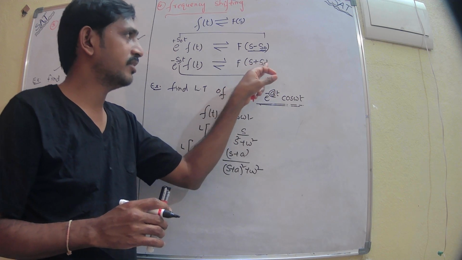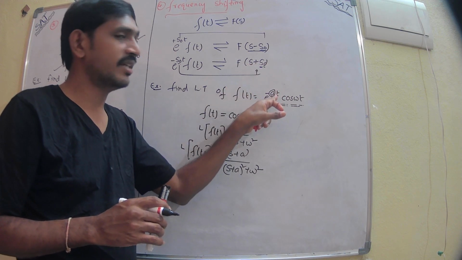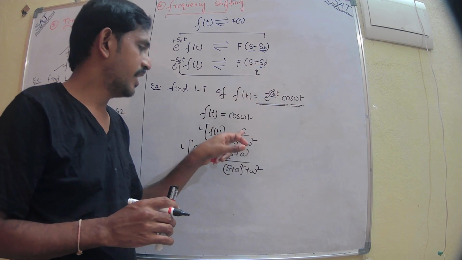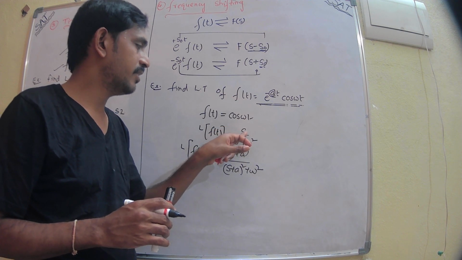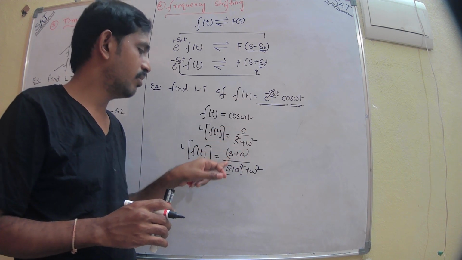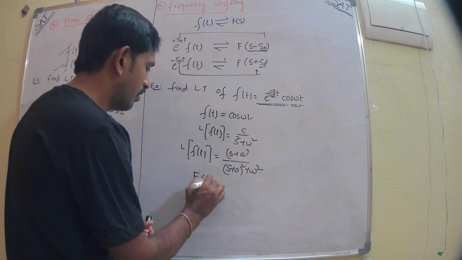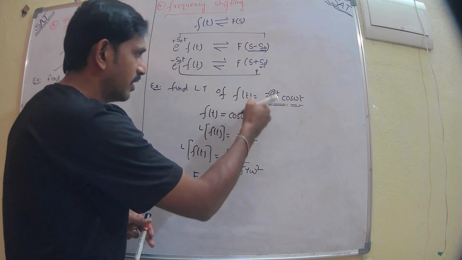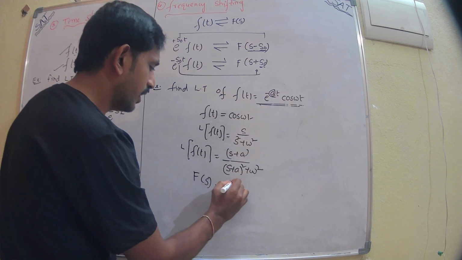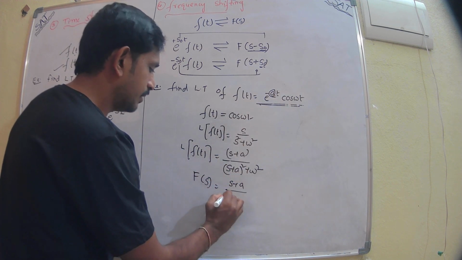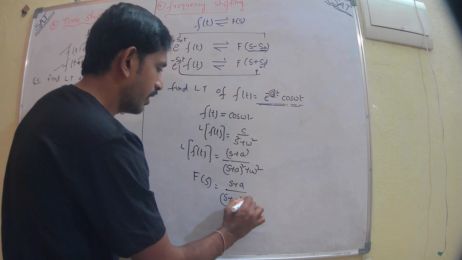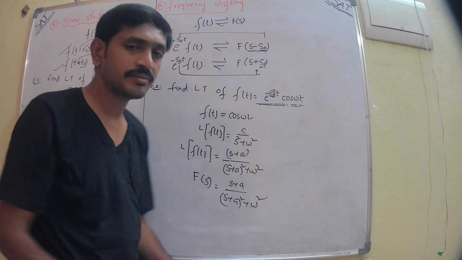So s plus s naught, in the place of s naught there is a, so s plus a. I replace s with s plus a, and s plus a whole square plus omega square. So this is the Laplace transform of f of t, that is e power minus at cos omega t: s plus a by s plus a whole square plus omega square.